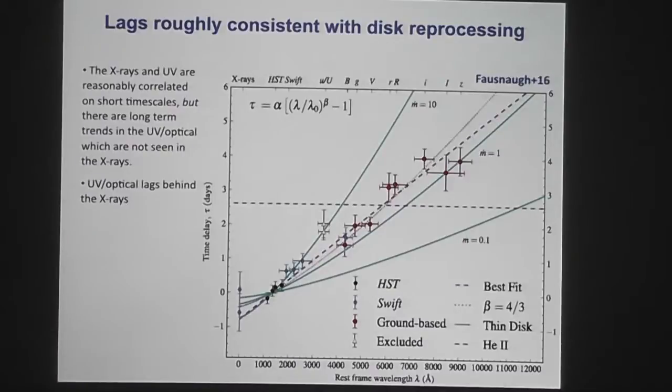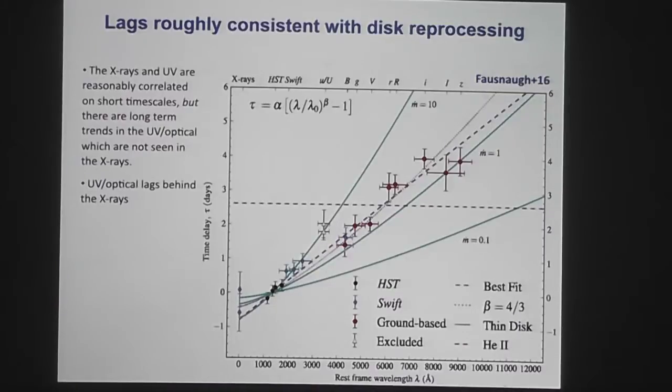And so you can fit this with different disk models, for instance, and different illumination structures. But you'll notice that this dotted line here is the beta 4/3. So that's the wavelength goes as the 4/3 power. And so that actually fits pretty good.